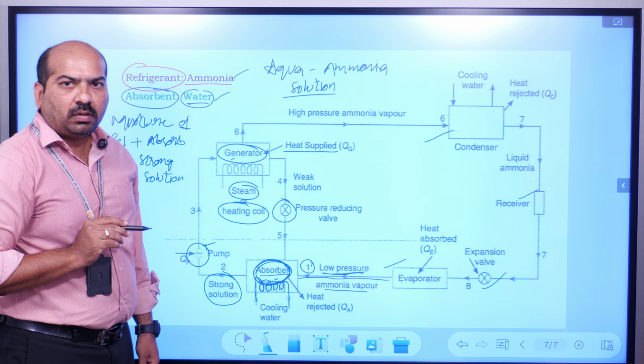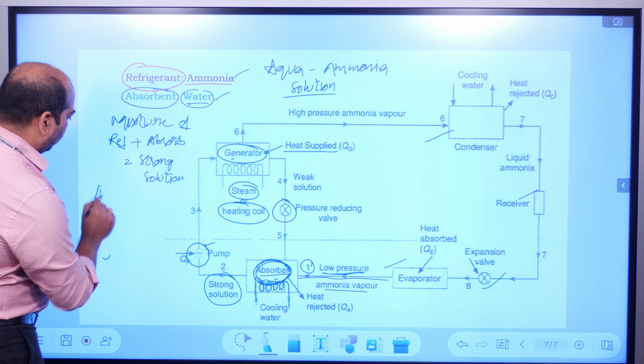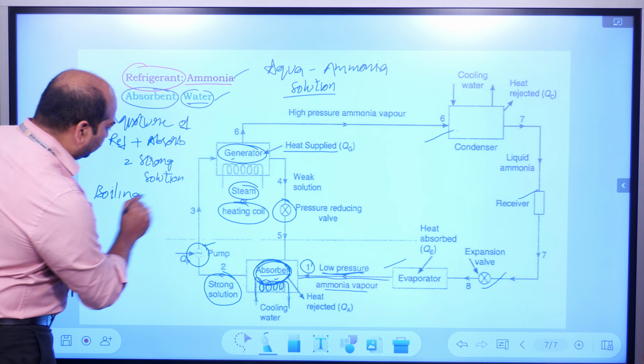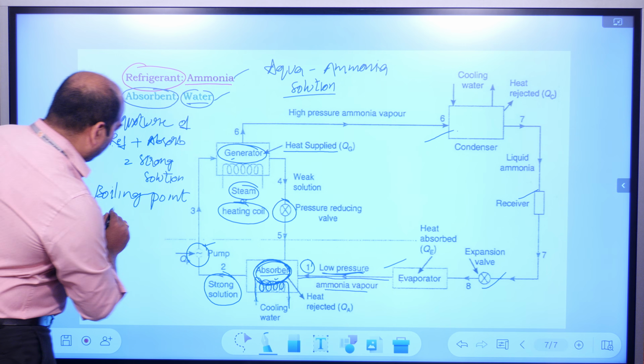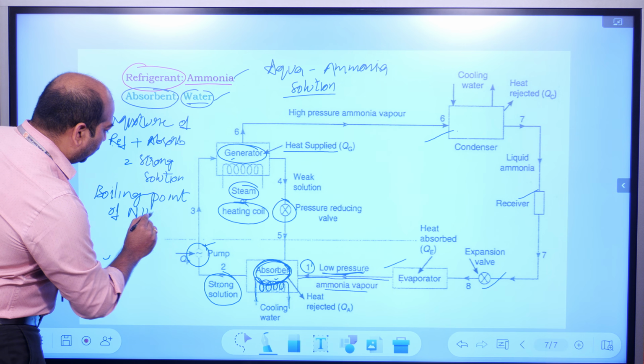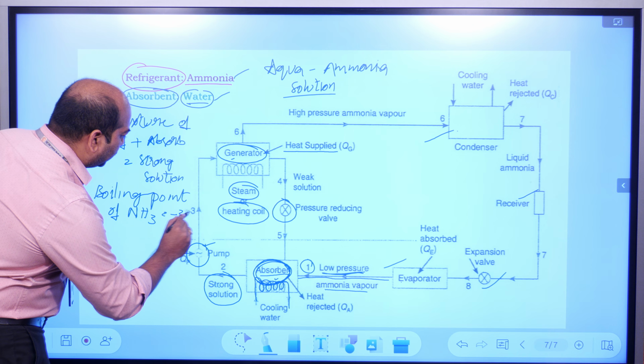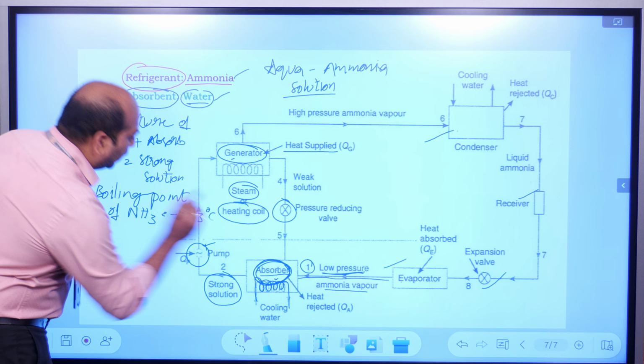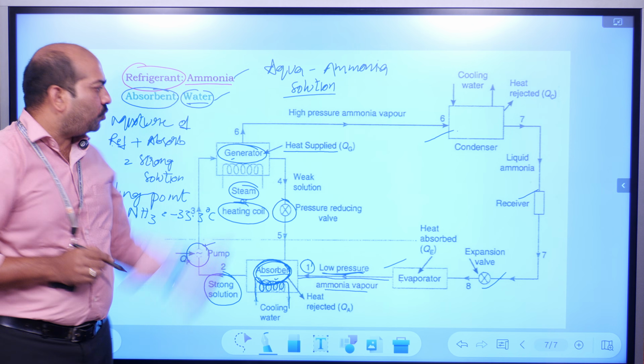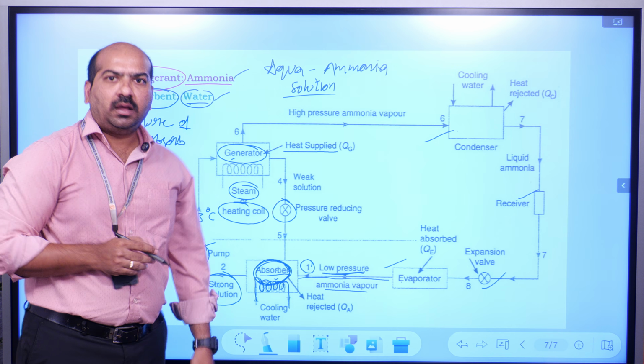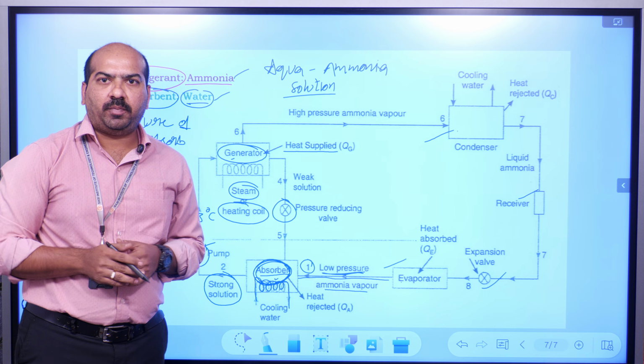You know, the boiling point of ammonia is minus 33.3 degrees centigrade. So when we supply enough heat, ammonia easily boils, evaporates, and separates from the water.